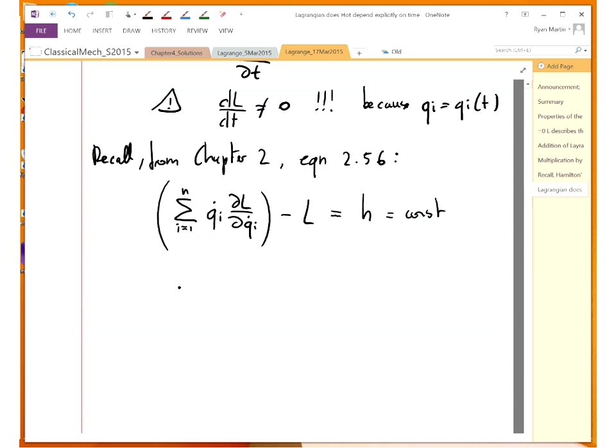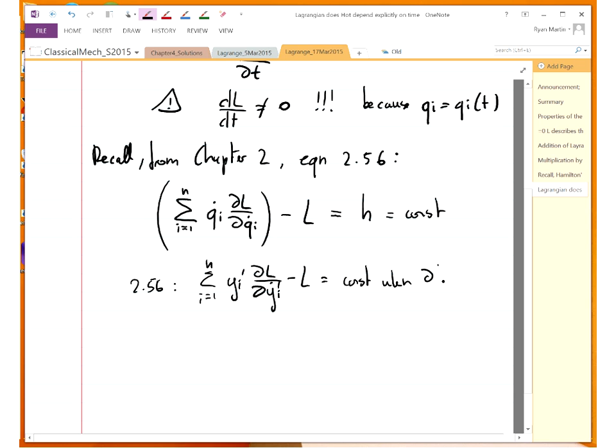Alright, so in equation 256 we had the sum from i equals 1 to n of yi primes times dL by dyi primes, minus L, equals a constant, when dL by dx equals 0.